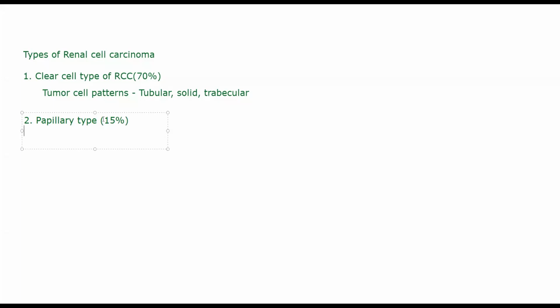As I showed you, it will be present in a papillary pattern, and you will have fibrovascular stalks on which these papillae are present. Tumor cells are as such cuboidal. They are specifically small, and they will have small round nuclei. So tumor cells are cuboidal and have small round nuclei.